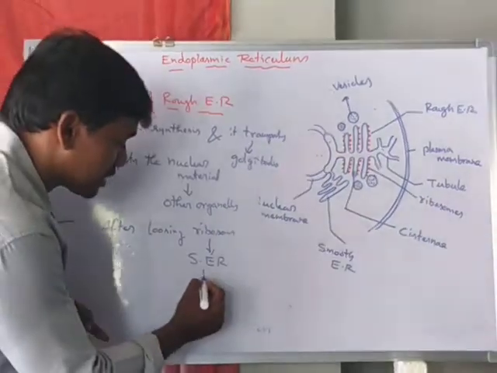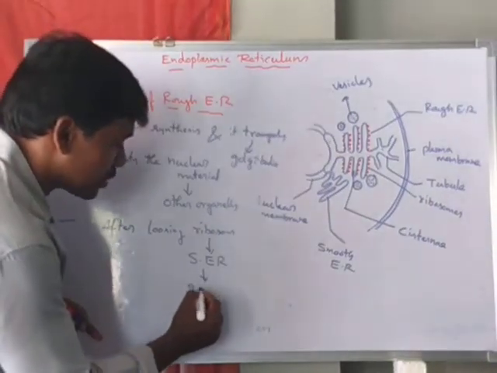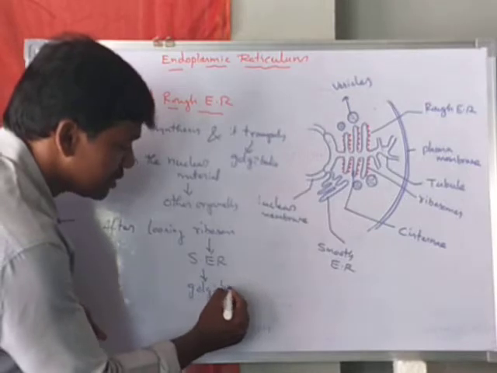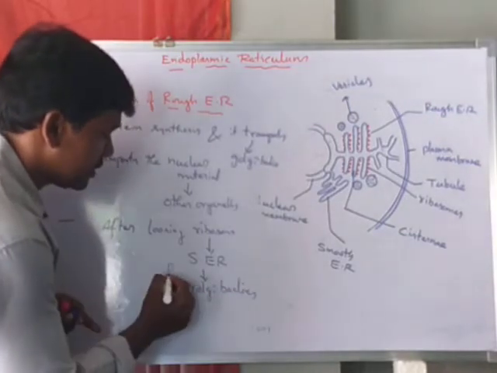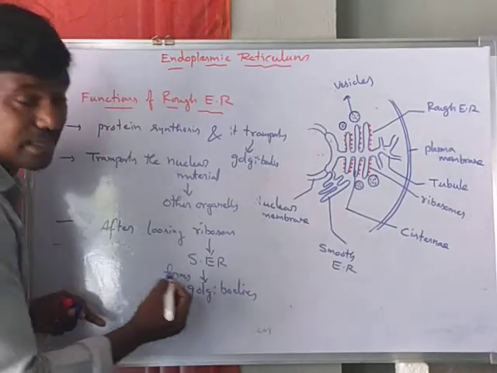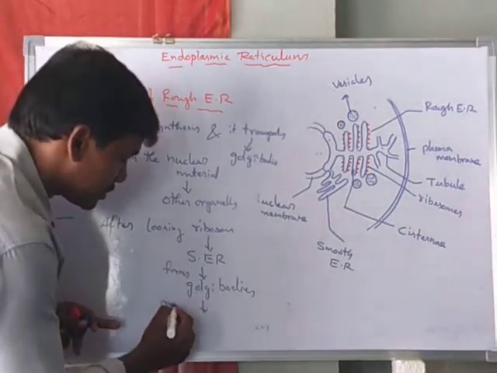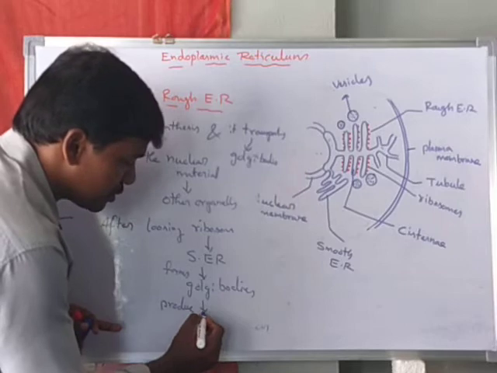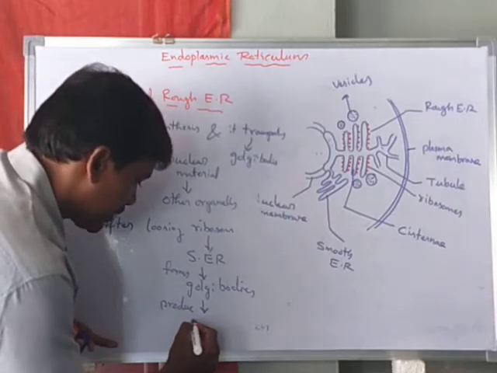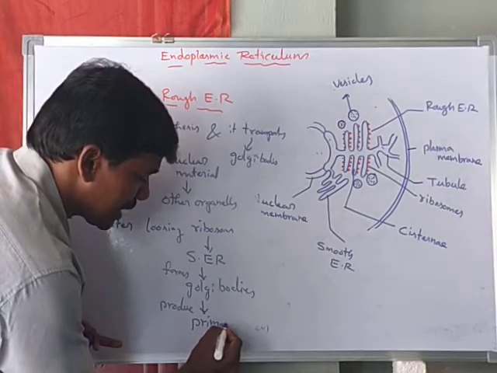The smooth endoplasmic reticulum forms Golgi bodies. These Golgi bodies produce primary lysosomes.